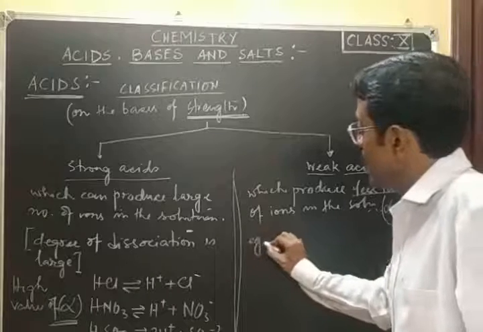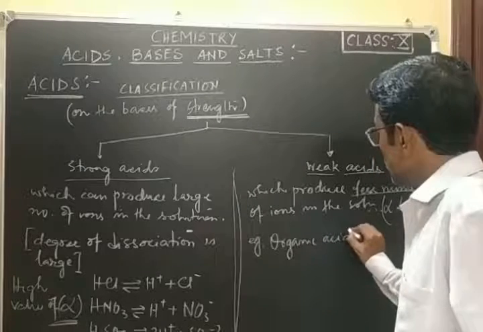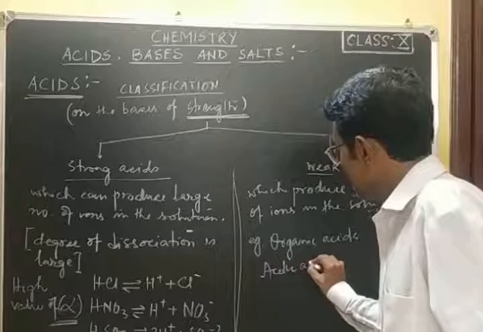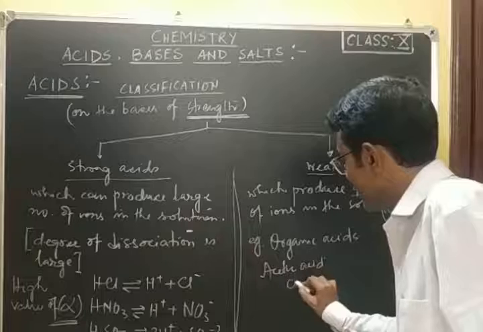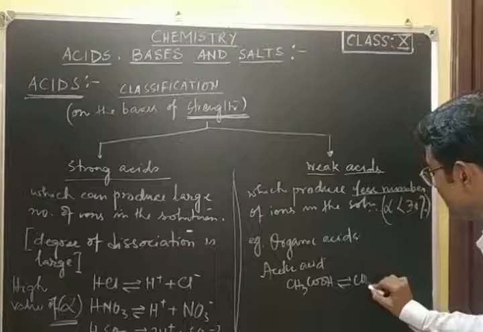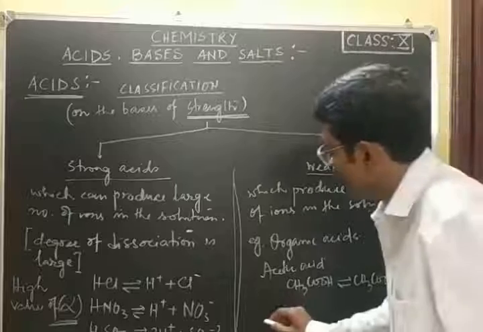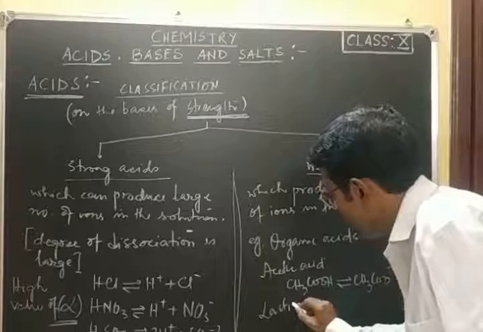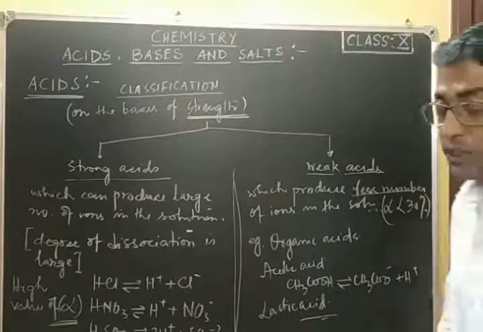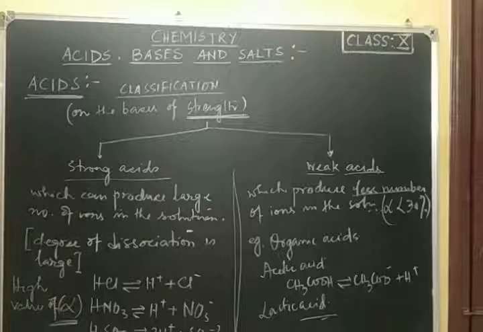Examples of organic acids: say I can take acetic acid. I am giving this example because you know this acid. CH3COOH. Remember, the dissociation is a little bit different from the earlier acids. And other examples are lactic acid. All are examples of weak acid. So according to the strength, acid can be classified into two categories. One is called strong acid and another is called weak acid.